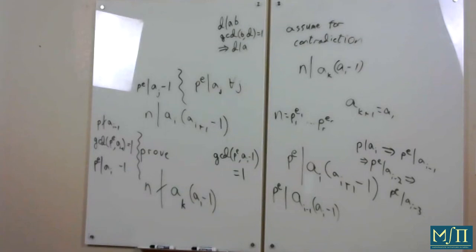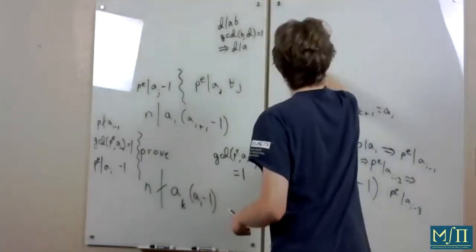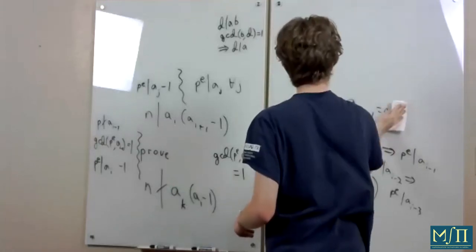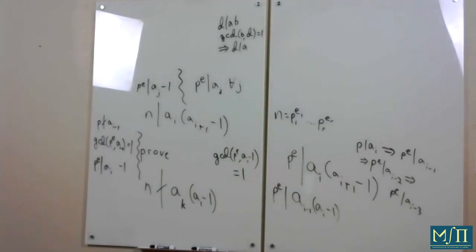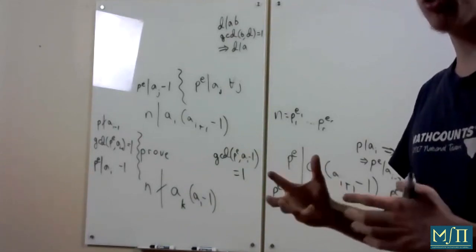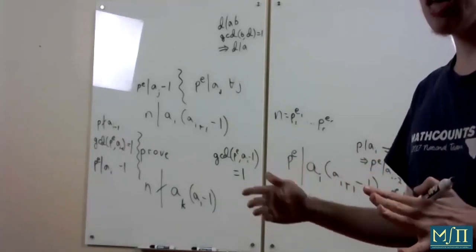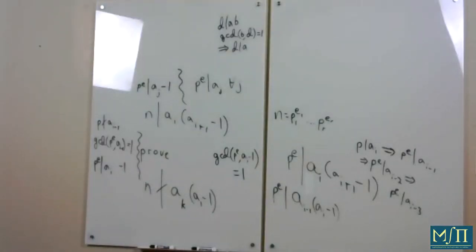One way to think about this result is that knowing how a number behaves modulo some other numbers, if those other numbers are all relatively prime to each other, is the same as knowing how it behaves modulo their product.